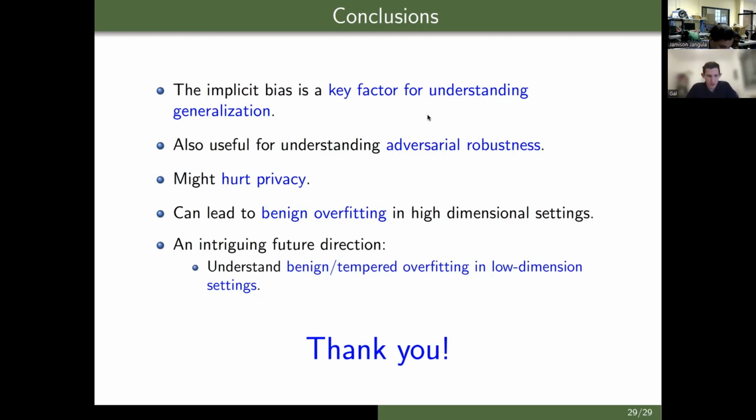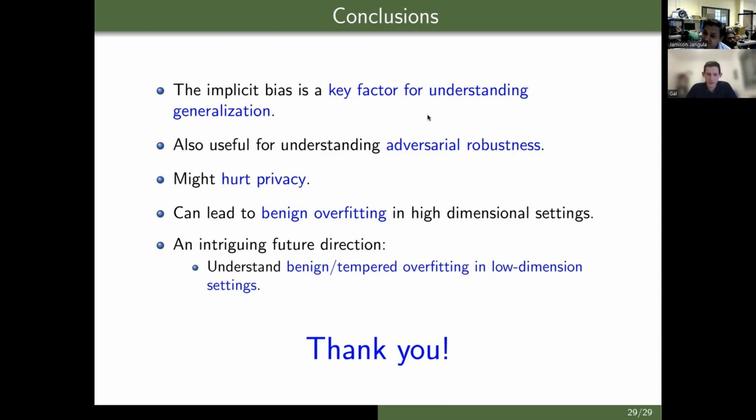Yeah, so there are no works that extend the results that I showed to other architectures, but I agree that it is an important and interesting direction for future work.